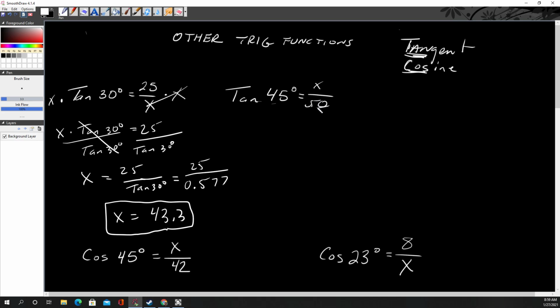So this one should be a little bit easier when x is on top. We'll times 50 on one side and times 50 on the other. That way these two cancel out. And we get 50 times tangent of 45 degrees is equal to x, because it's just x on the one side now. So x is equal to those two multiplied, and it's going to be quite easy.